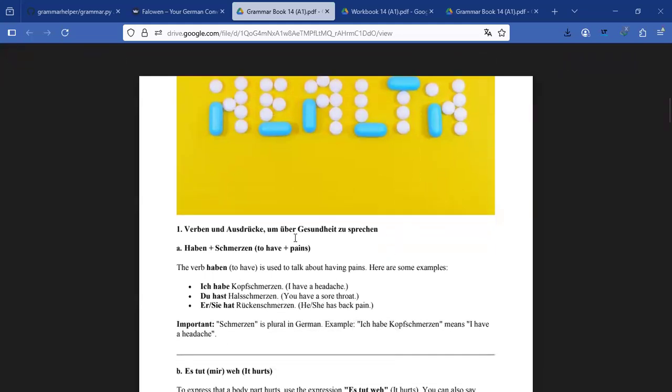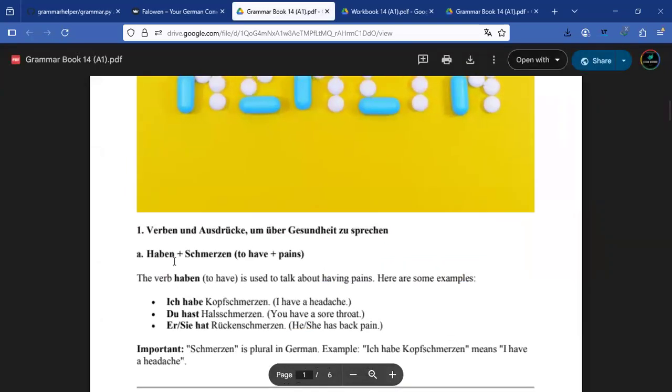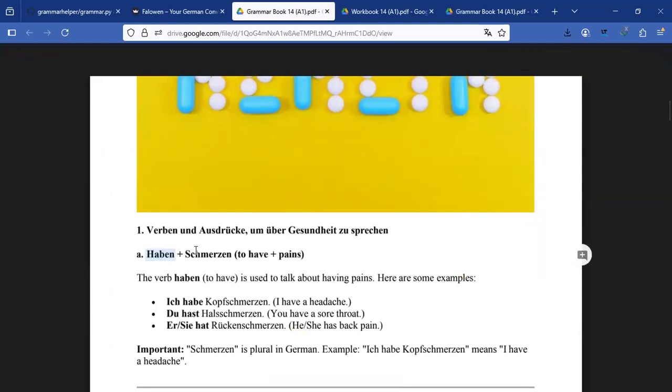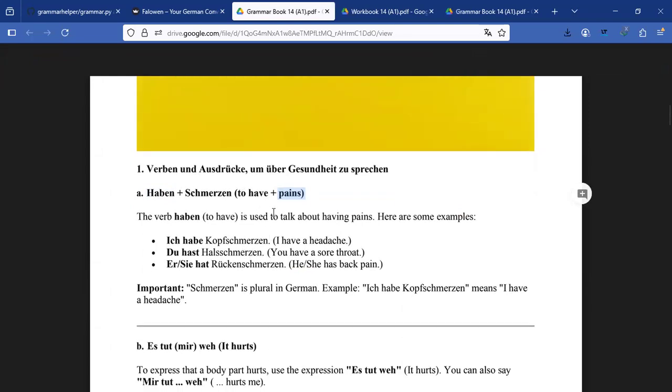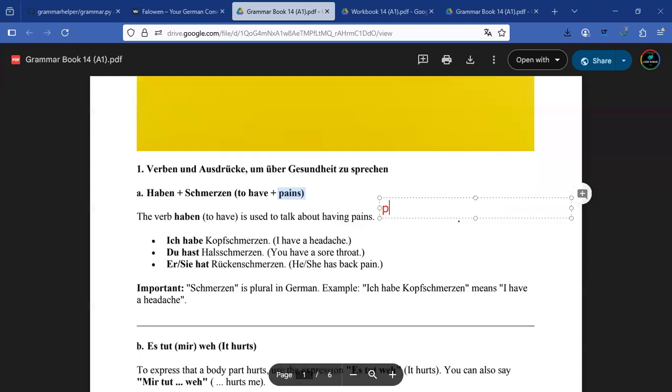So talking about health, like when you have pain, in German it's very simple. We are going to use the auxiliary verb to have, which is haben, and pains, right? That is Schmerzen. Anytime that you want to talk about pain in your body parts, we are going to use haben. So let's start with ich.